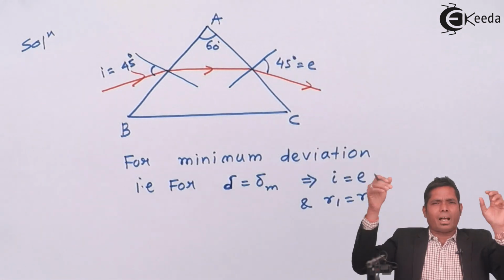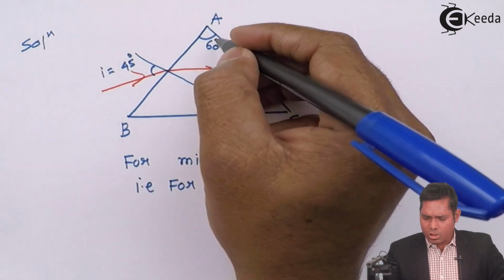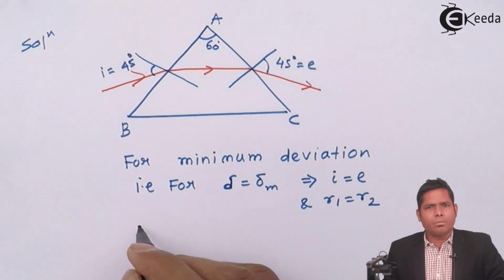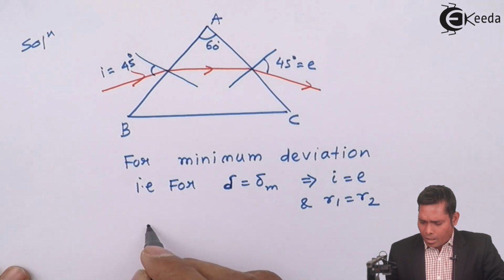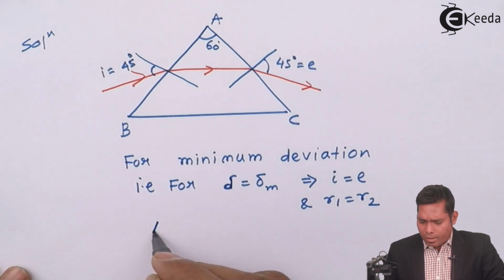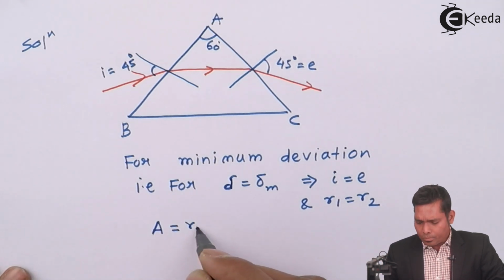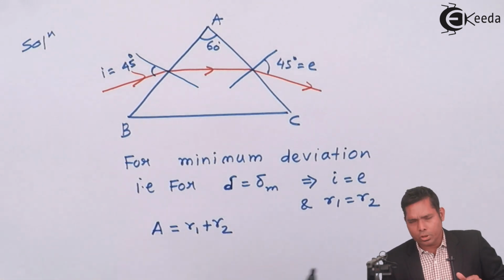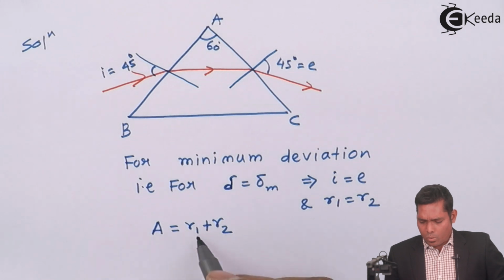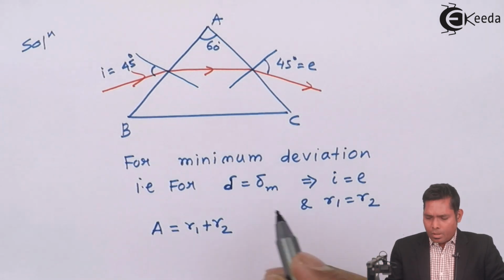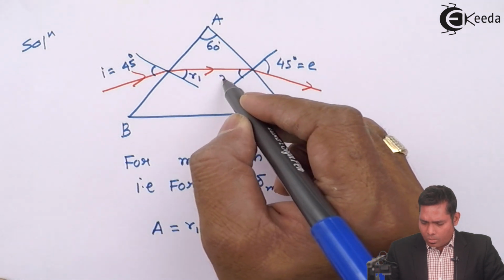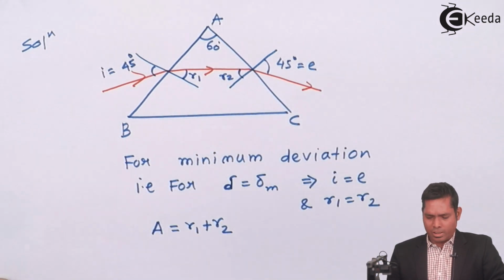So in both the cases the I and E are 45, this is 60, and in this situation we have a relation that R1 becomes equal to R2, and we have a formula that A equals R1 plus R2. This is one equation that is used in the prism. Because R1 and R2 are same, this is your R1 and this is R2. Both are same.